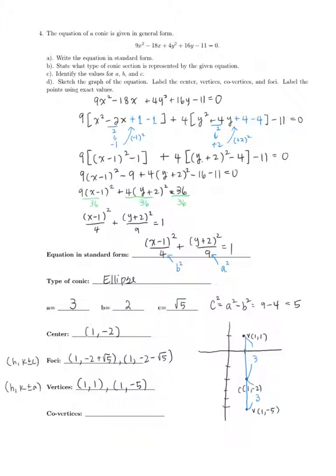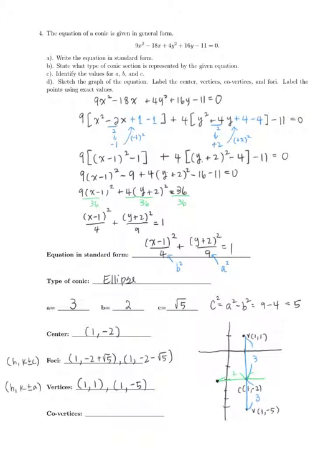Hold on, let me draw this out. We're going to have to go 2 units this way, and then 2 units that way. Oh my god, this is so drawn off the scale. But if you draw this nicely, these 2 points are going to be your co-vertices. This looks so off. Let me fix it up a little bit.